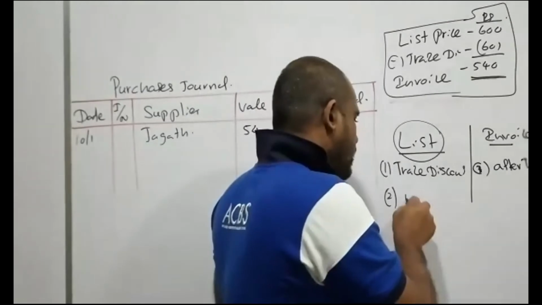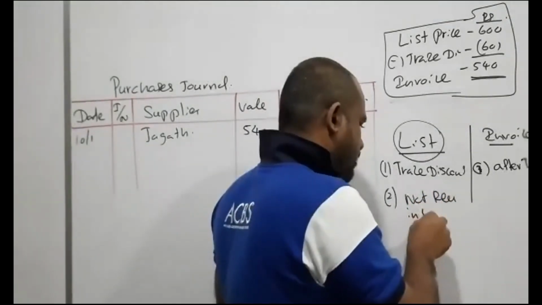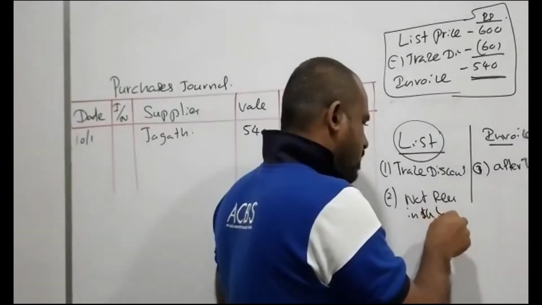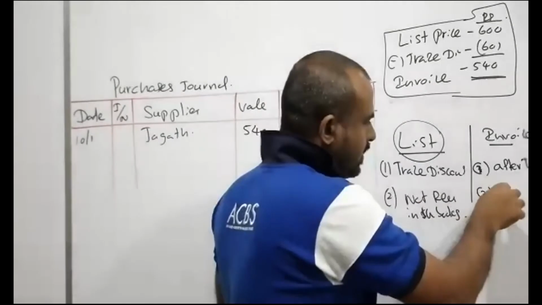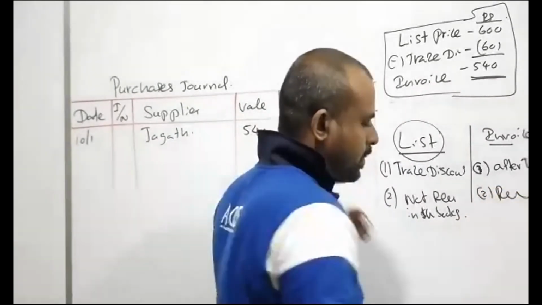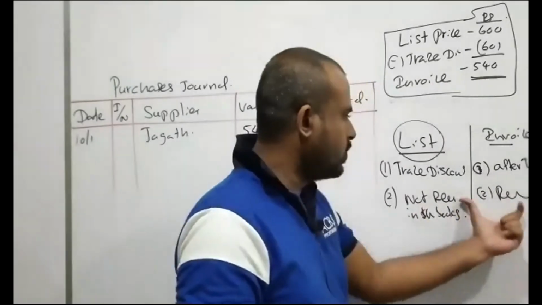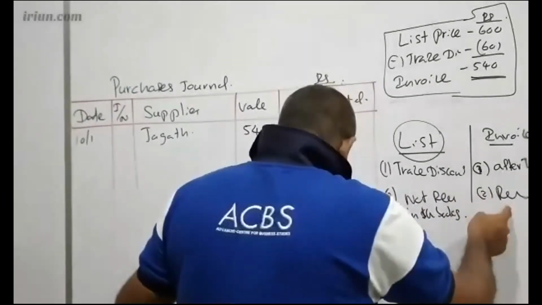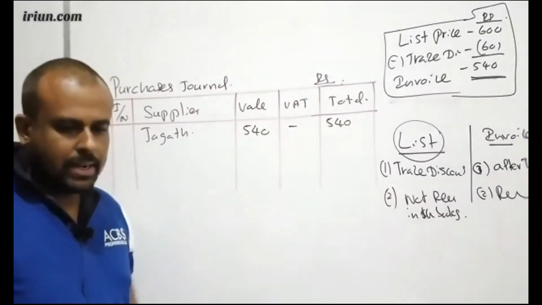No, it is not recorded in the books of accounts. The invoice price is recorded in the books of accounts. Then which price will you record, the list price or the invoice price? Invoice price. Record 540. Is that clear?